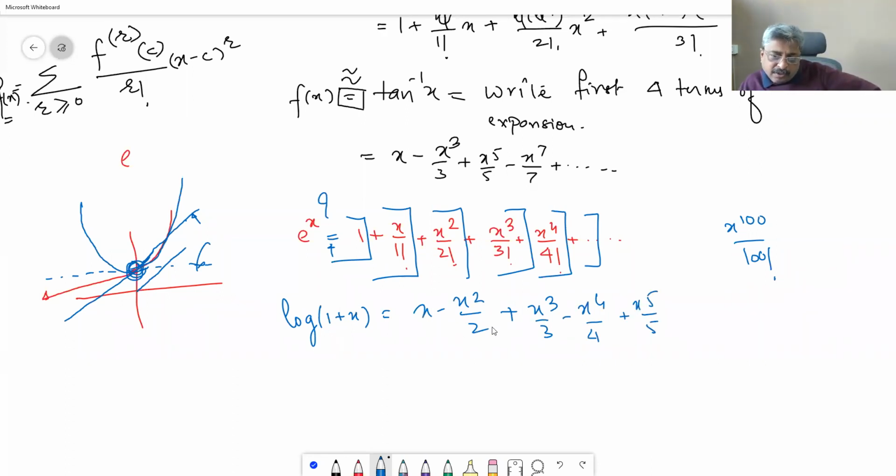Now here again you understand that you are adding more terms whose powers are also growing. x raised to 5 by 5 is a huge number if x is greater than 1 or less than minus 1. It is very small if it is negative, but if x is greater than 1, then x raised to 5 upon 5 is a big quantity that you are adding.